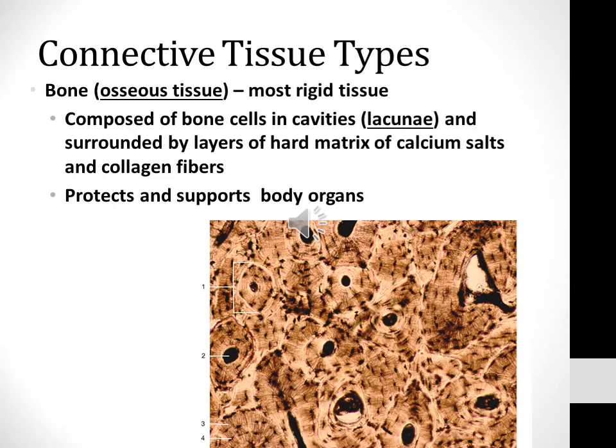So our bones or osseous tissue are composed of bone cells in cavities known as lacunae, and they're surrounded by a hardened matrix of calcium salts and collagen fibers. They do have increased vascularity.